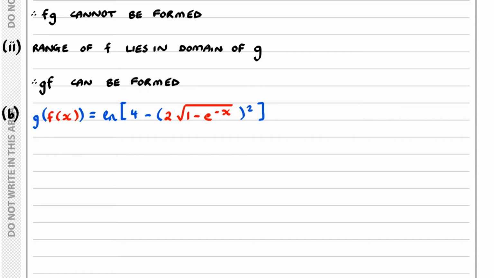So if we simplify this, we have the natural log of 4, subtract, now here 2 squared is 4, and then the square root of 1 minus e to the minus x squared is 1 minus e to the negative x.